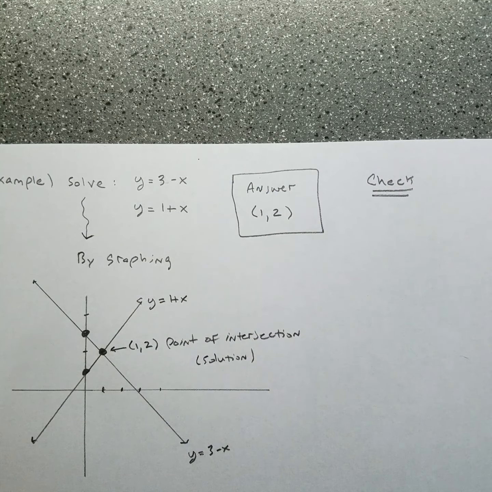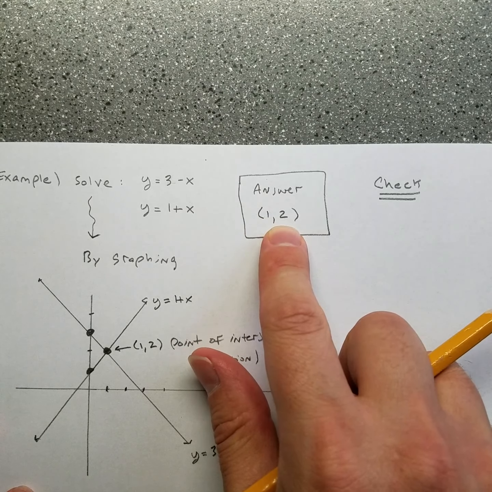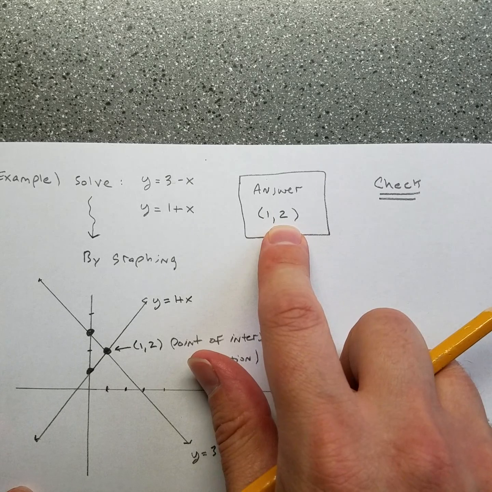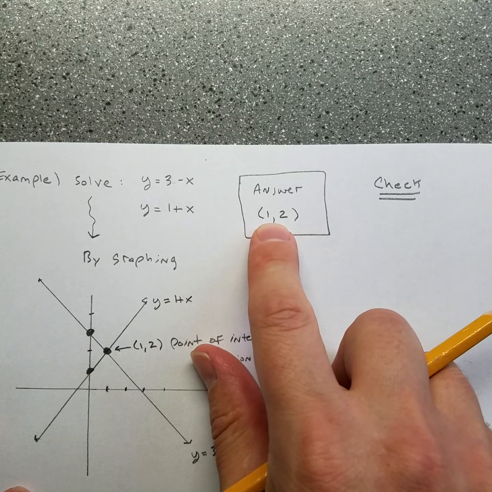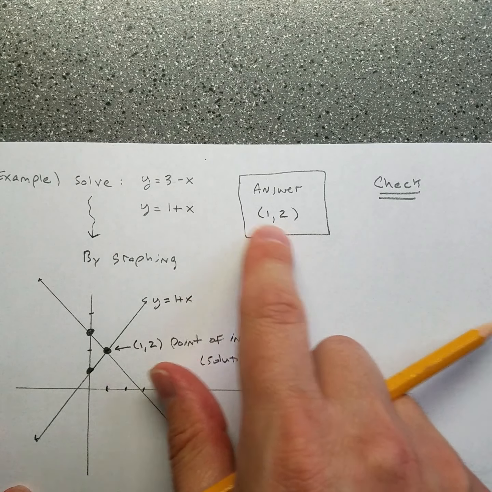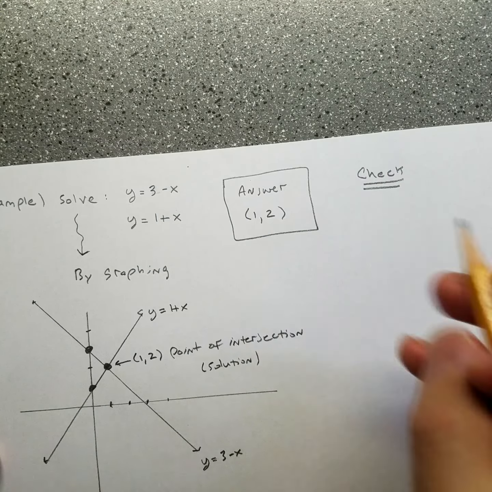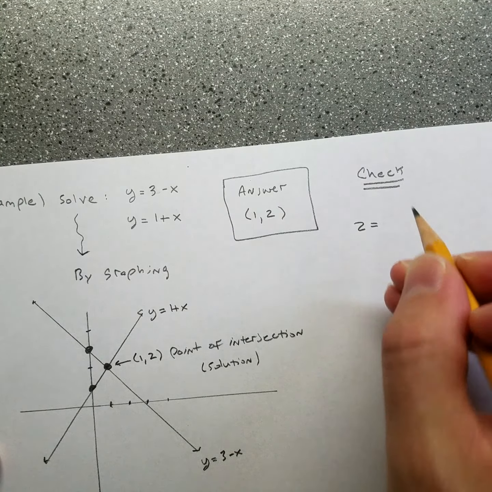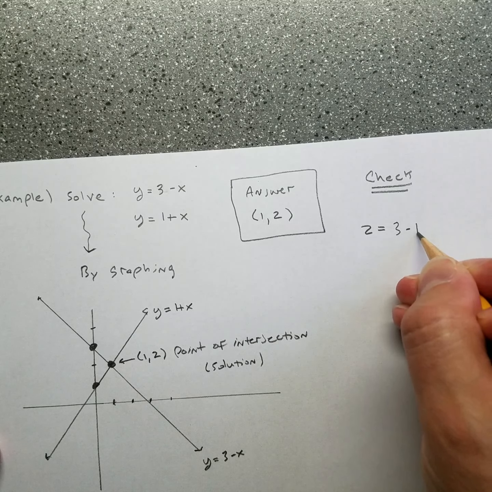If you got an answer to any problem, how would you check it? What makes that right? Like, who gets the final say on that being right, and how do you know? Well, it's like that pair of numbers works in both of them. If you put 1 for x and 2 for y in both of them, they each work. They are each true. So look, that first equation, if you put 2 for y, 1 for x, says this.